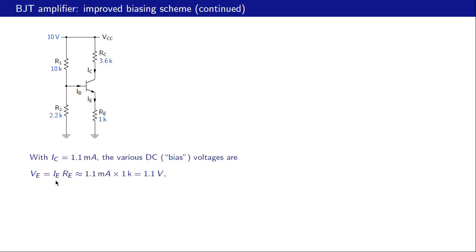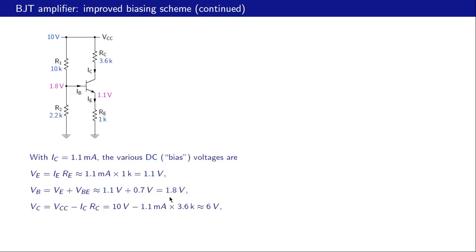So we will use for IE 1.1 milliampere, so that times 1K is 1.1 volt, and that is what is indicated over here. What about VB? VB is VE plus this voltage drop, which is 0.7, so 1.1 plus 0.7, 1.8 volts.